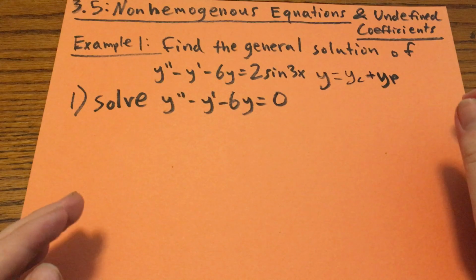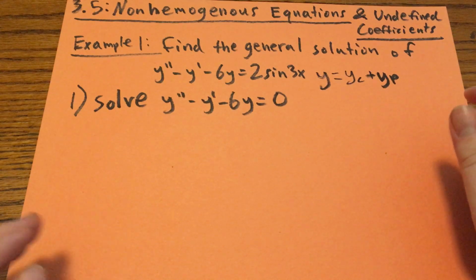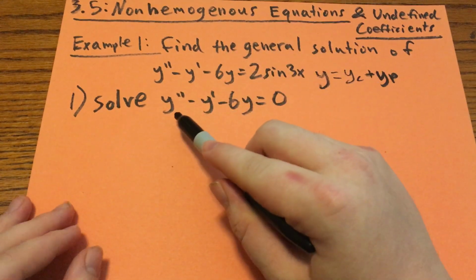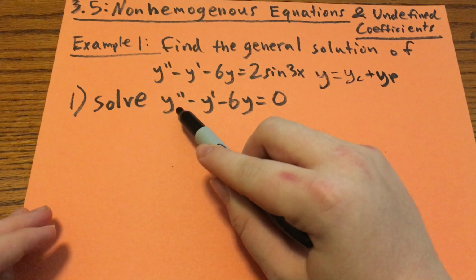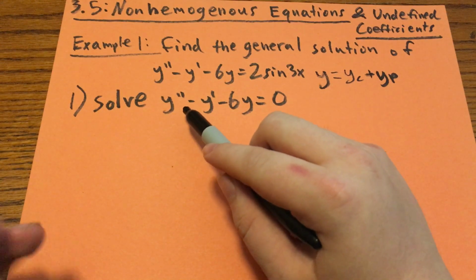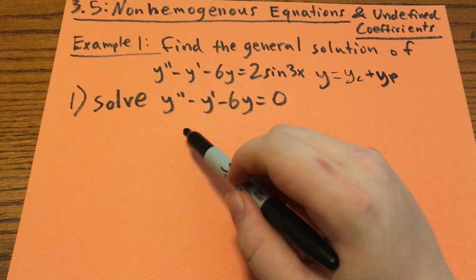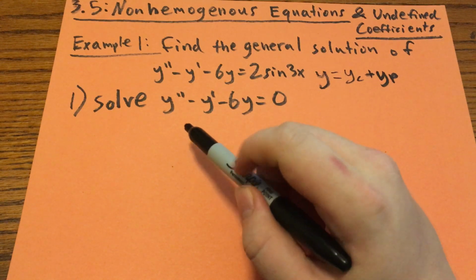Now, the way we do this is for every time each y term is differentiated on the left side, we raise a new term to that power.